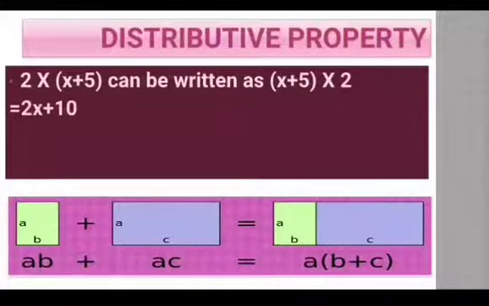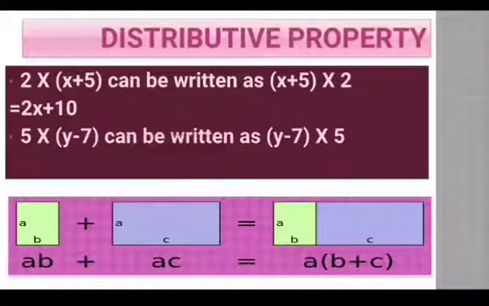According to this, we have an expression 2 multiplied by x plus 5 can also be written as x plus 5 multiplied by 2. After solving them, we get the same answer 2x plus 10.